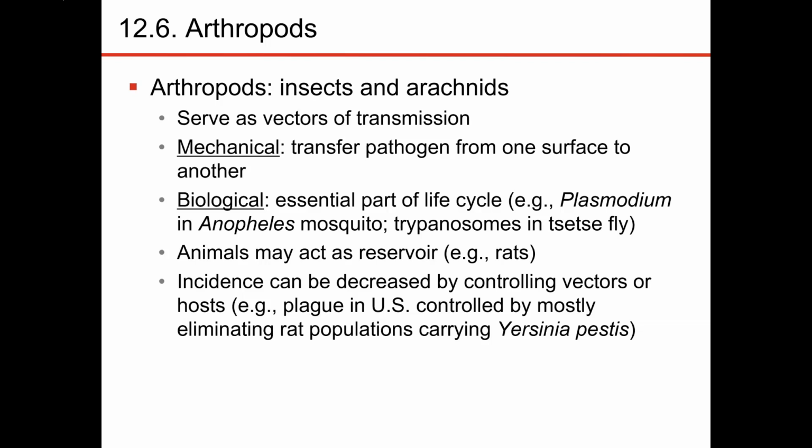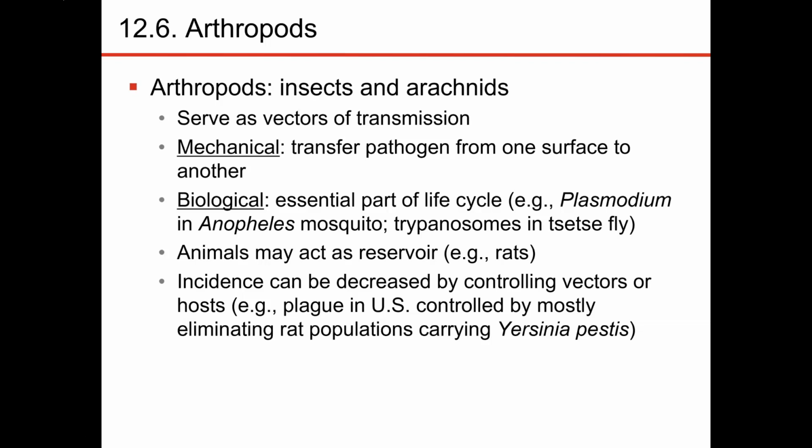And fleas will bite the rats, and when the flea gets the pathogen in its body, it gets sick. It can't swallow anymore because the pathogen fills its gullet. And so basically, it traps any blood. The blood can't go down into the stomach of the flea, and so the flea will end up vomiting.